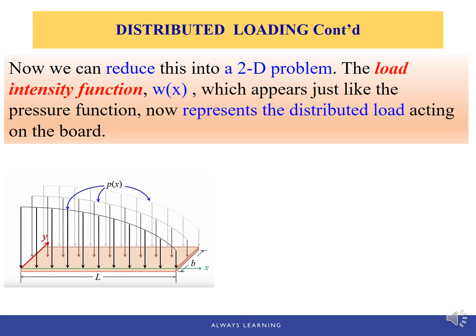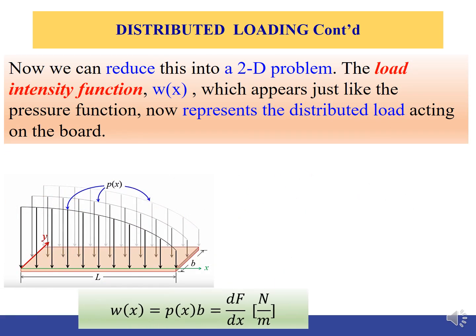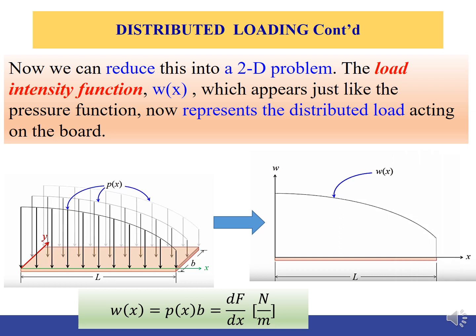By defining this load intensity function Wx, we can then reduce a 3D problem. So x, y direction, including this force applied in the z direction, that's a 3D problem. But we can replace the 3D problem with a 2D problem by removing the y-axis, since everything across the y direction is the same, a constant.